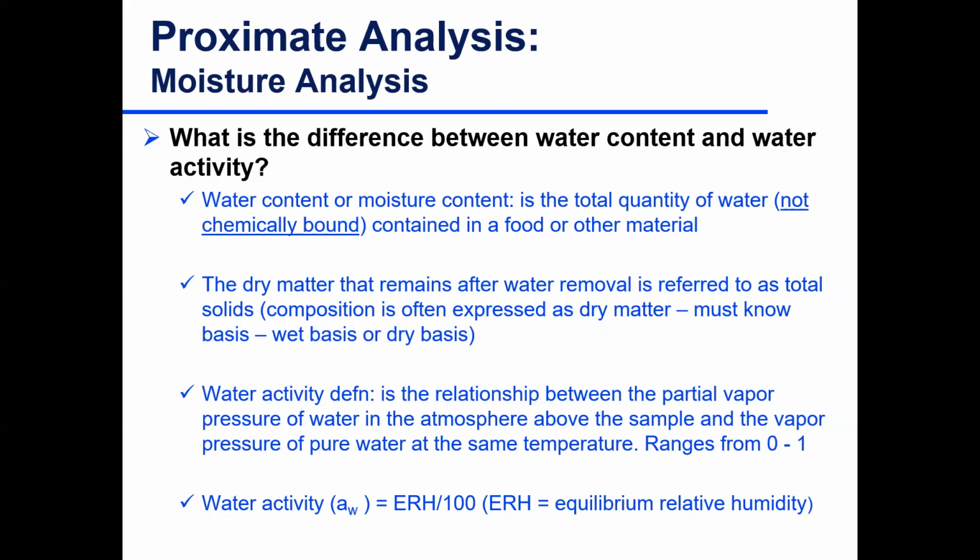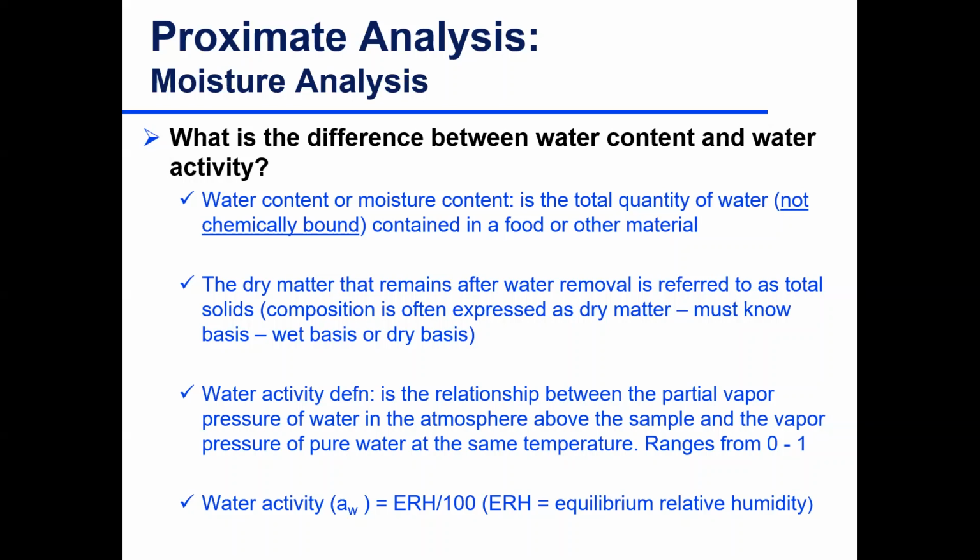So water activity goes from 0 to 1, from no moisture above the sample to completely saturated. Let's say it's the same water activity as pure water would have. The amount of moisture in the air that pure water would have gives you a water activity of 1. It's like there's no food solids, no interaction in that sense.